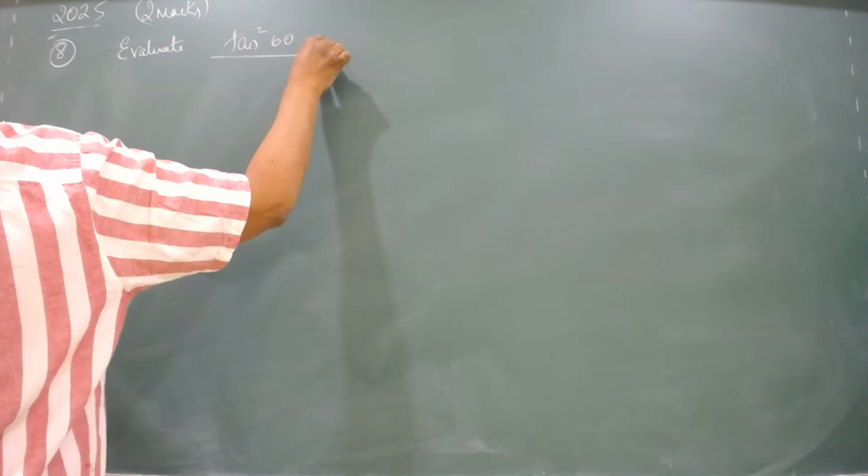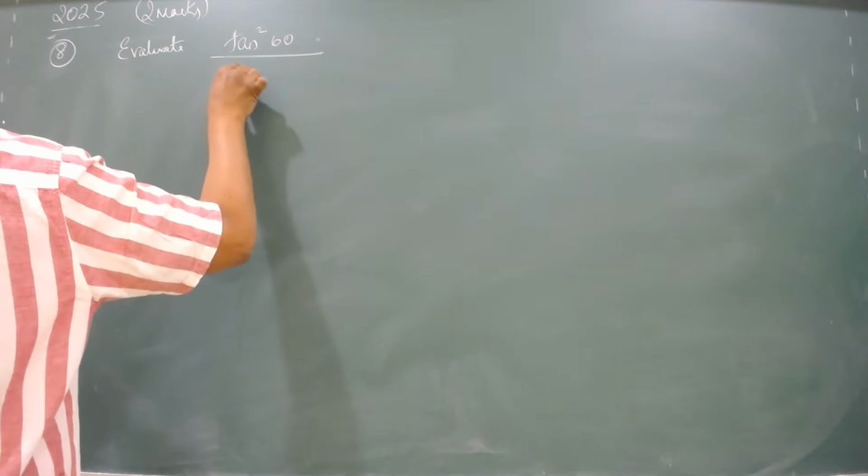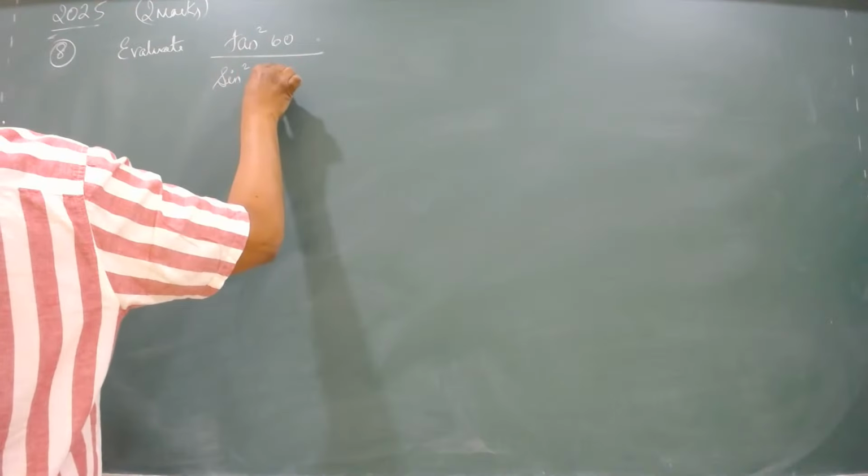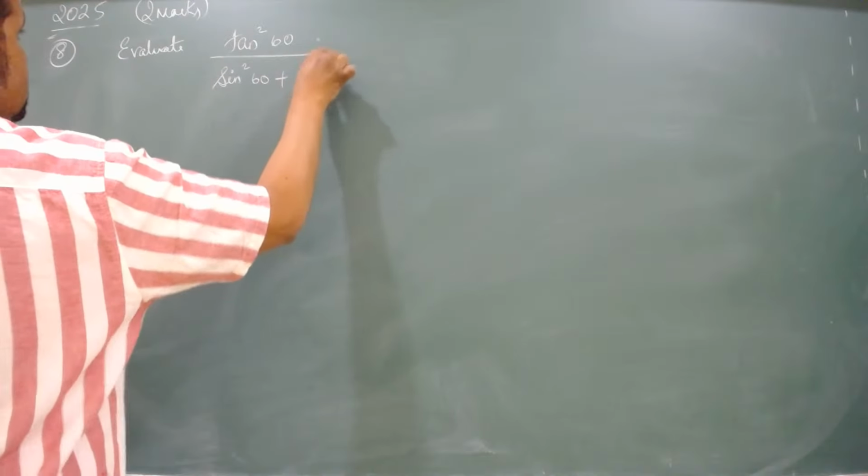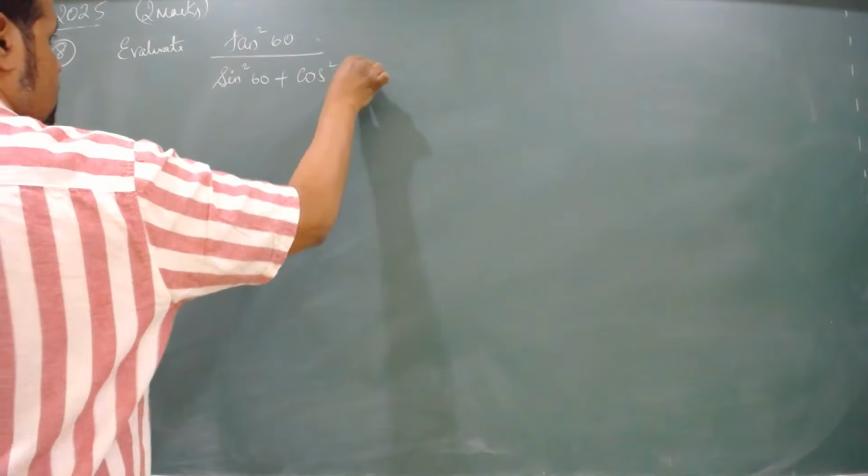Evaluate tan square 60 divided by sin square 60 plus cos square 30.